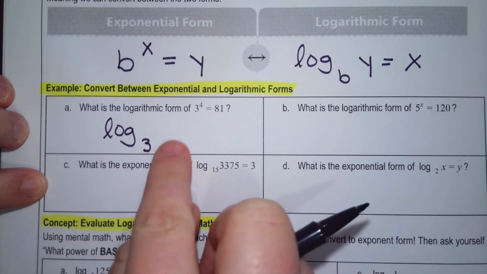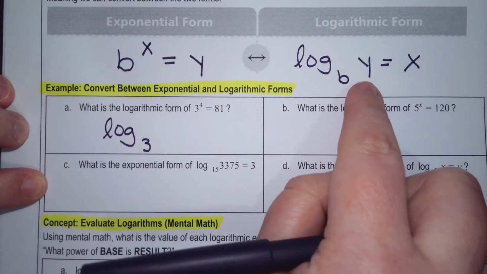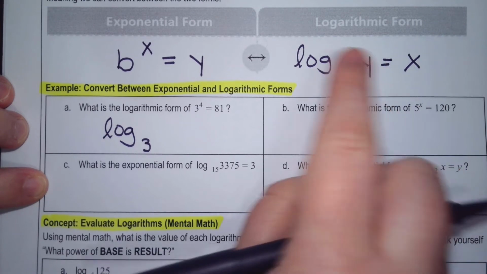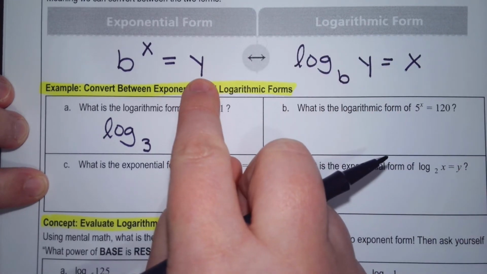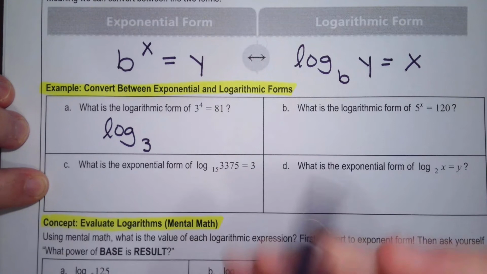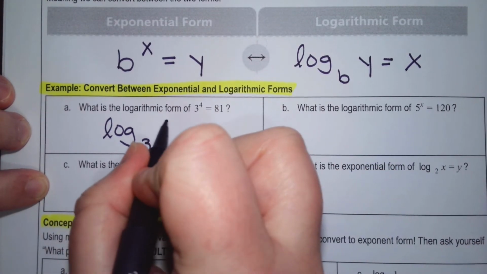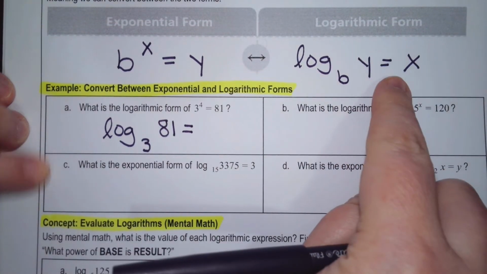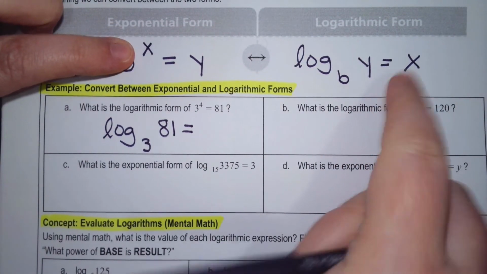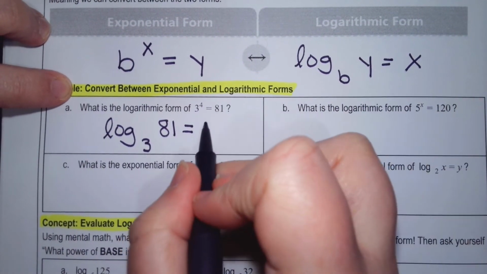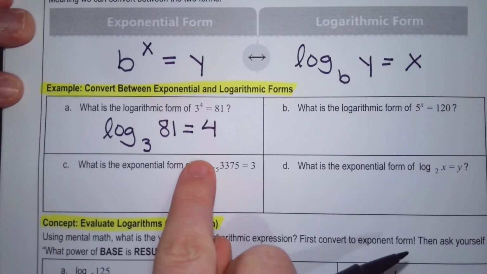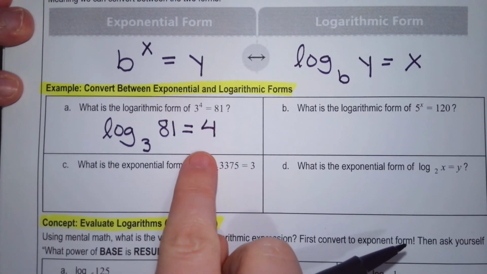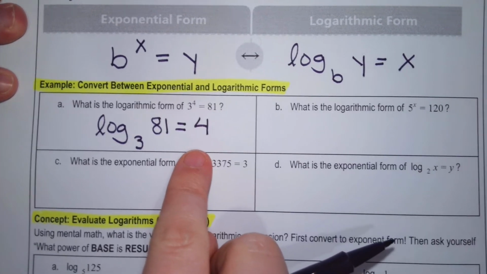Log base 3 of, that's my "of" here, and that's what my result is, 81. So log base 3 of 81 is equal to the exponent, and our exponent is 4. And there we go. We converted from exponent form to logarithmic form.